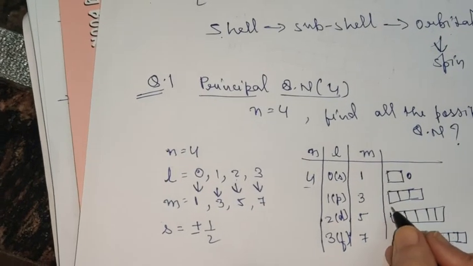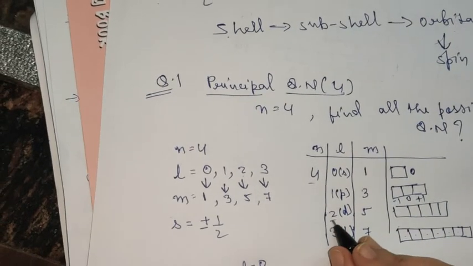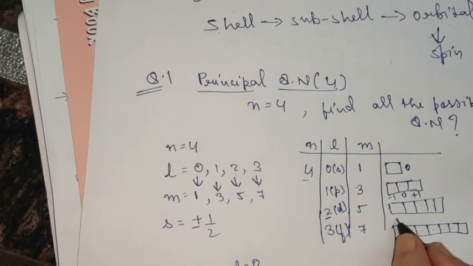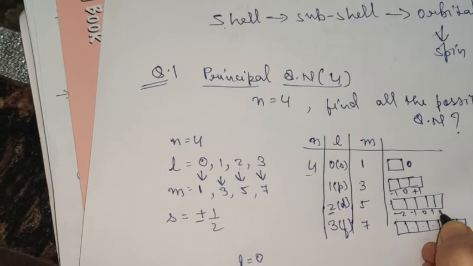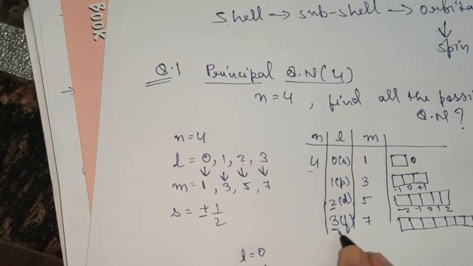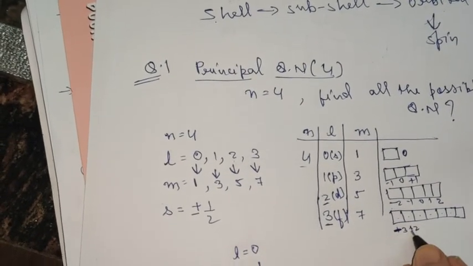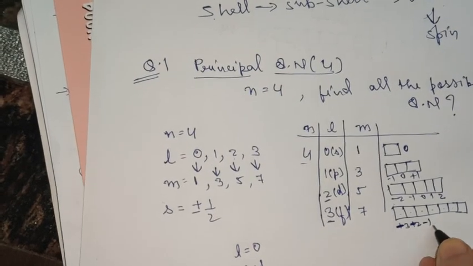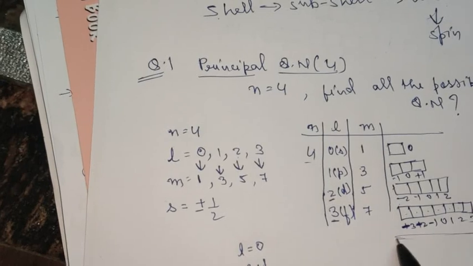Then for this it is minus 1, 0 to plus 1. For l as 2, it is minus 2, minus 1, 0, plus 1 to plus 2. Then for this the value is 3, which means minus 3, minus 2, minus 1, 0, plus 1, plus 2 and plus 3. So these are the values.